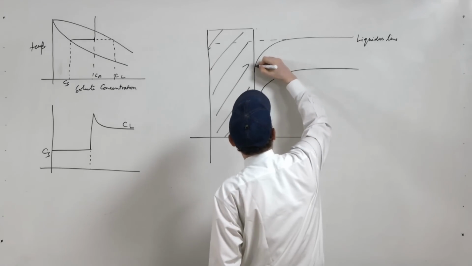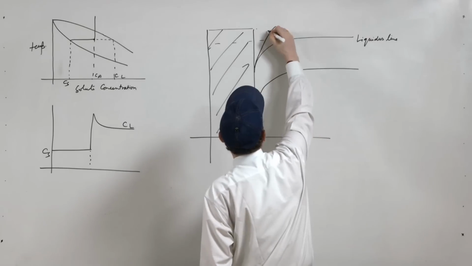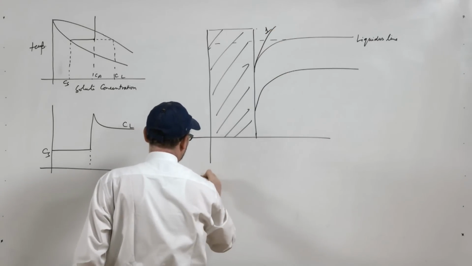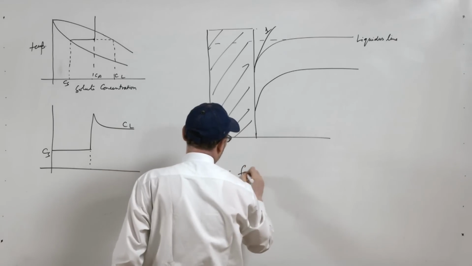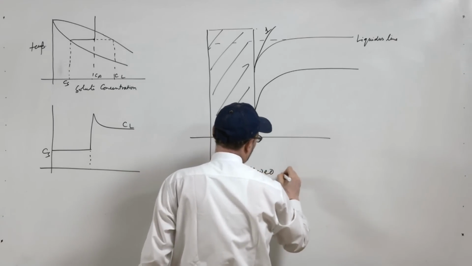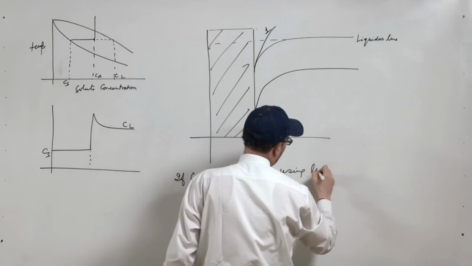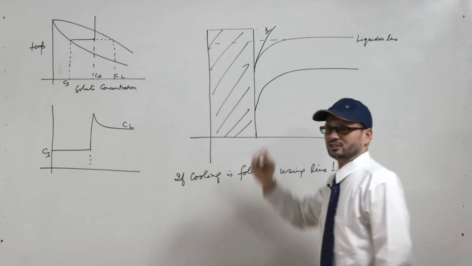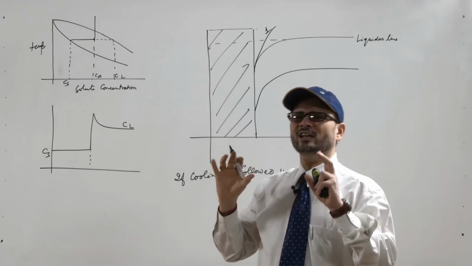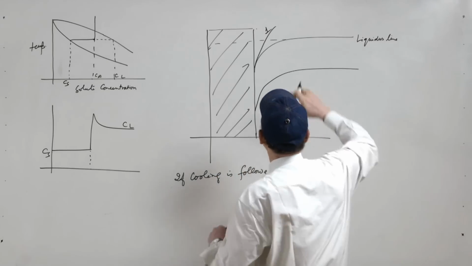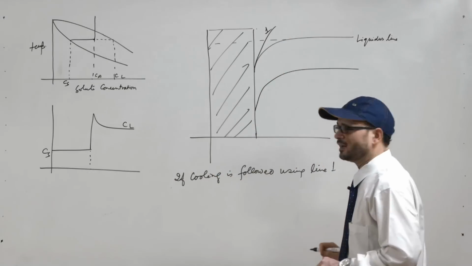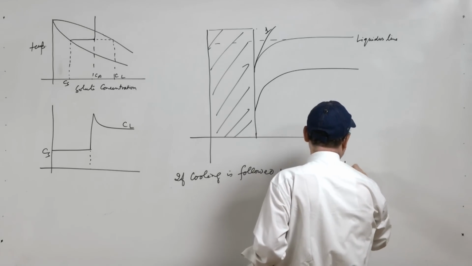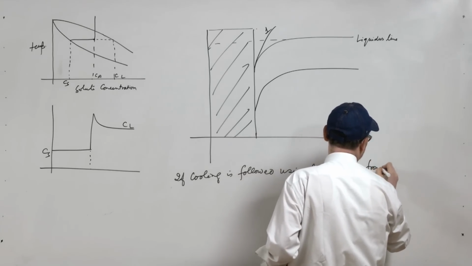Now, for this, if cooling is followed using line 1, if you are providing a cooling rate which is represented by this line A1, in that case your plane front solidification will occur.